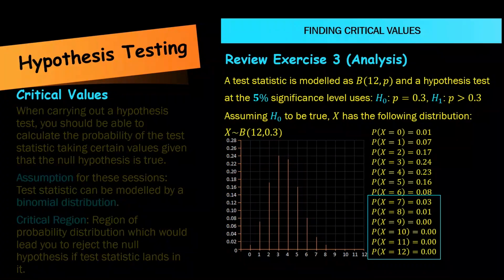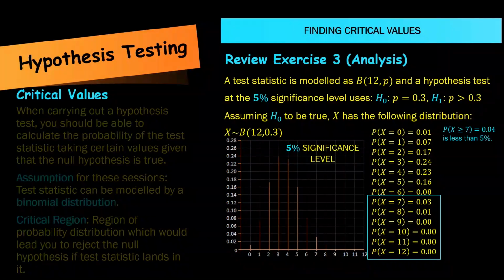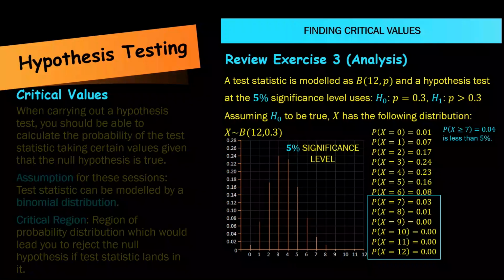Notice here we've got the probabilities from x equals 7 all the way up to x equals 12, and the probabilities associated with each of them as well. We're operating at the 5% significance level as highlighted. The probability that x is greater than or equal to 7 is equal to 0.04. Notice we've added all these probabilities, and this is less than 5%.